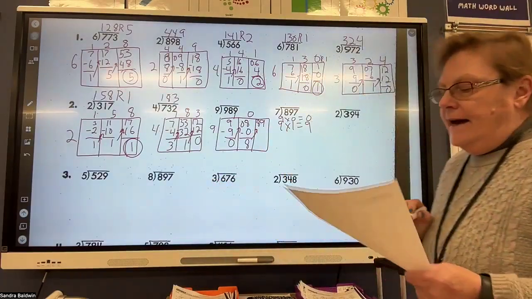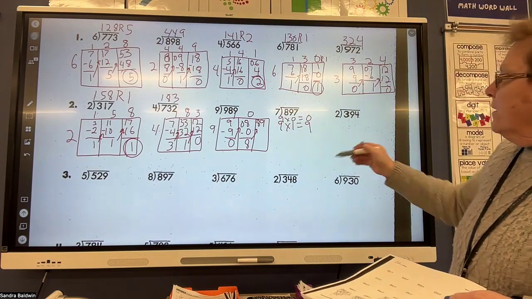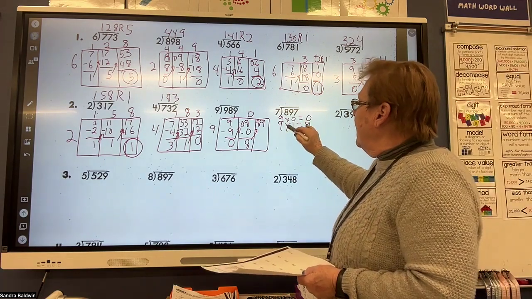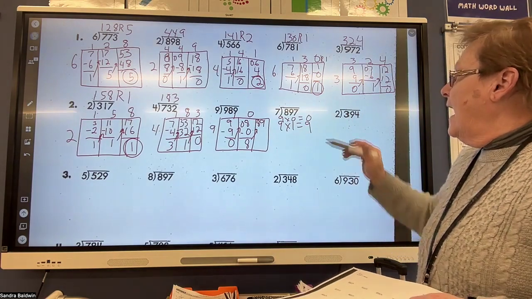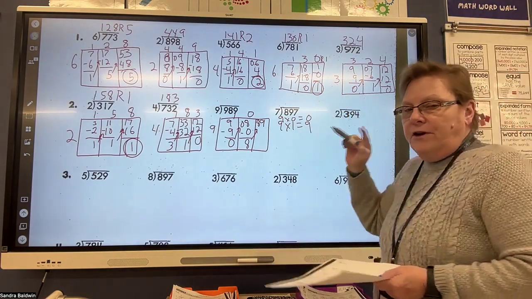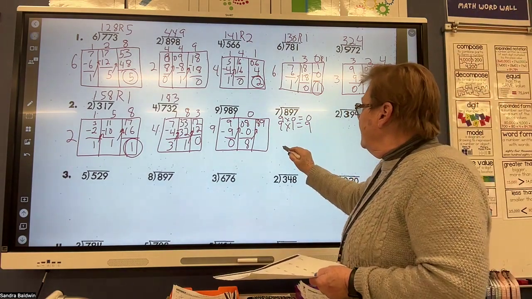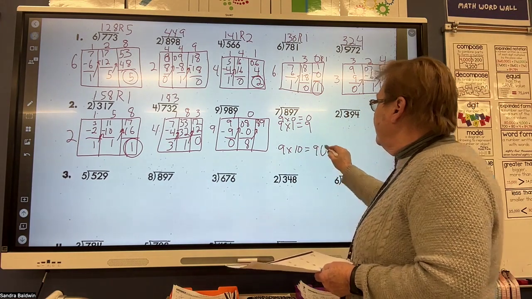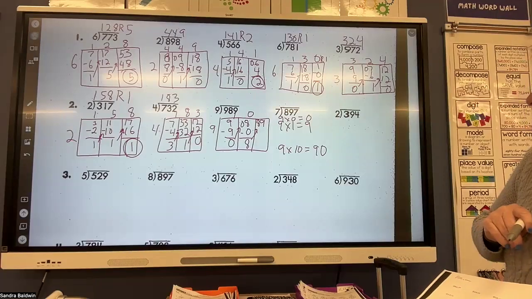I'm going to move the 8 to the ones column. Now I have 89 ones. Okay, I need to know how many groups of 9 are in 89. Instead of writing it all out, I'm going to use my number sense. And I know that 9 times 10 equals 90. And 89 is very close to 90.